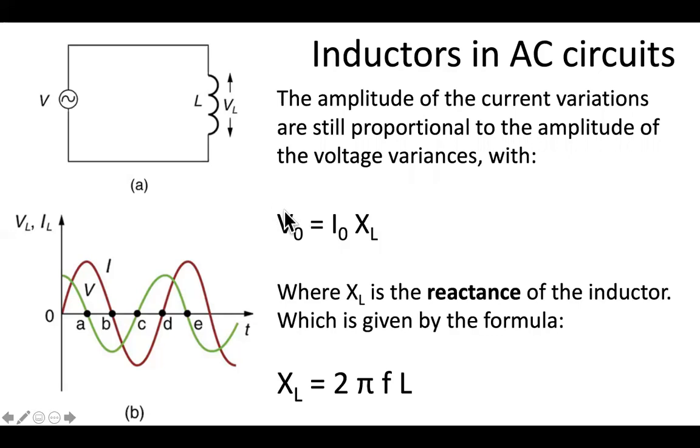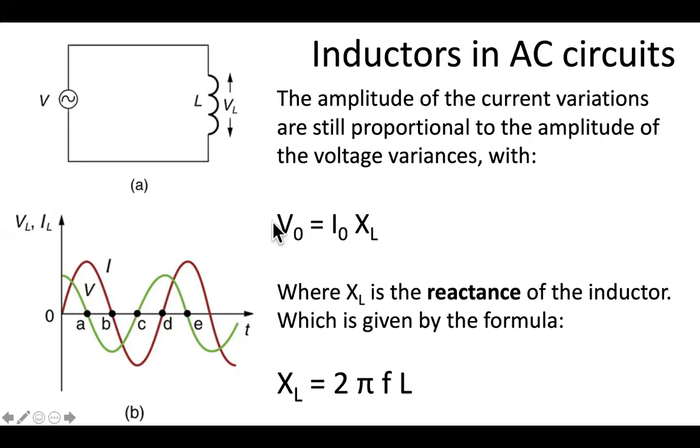It turns out that the amplitude of the voltage variations is equal to the amplitude of the current variations times the reactance, which is generally designated with the letter X, with an L put after it to indicate it's due to an inductor.